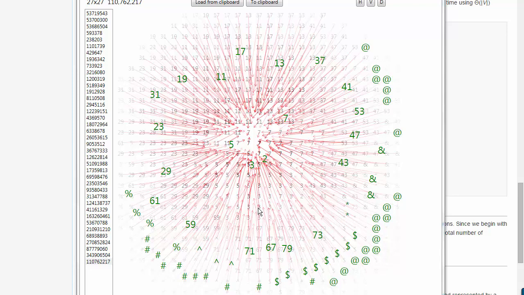Instead of numbers in some of these spaces, I have a symbol. So percent sign represents a 131. This one represents a 137, because those both happen to divide into 27 squared 5 times. So in the grid there will be 5 multiples of 131 and 5 multiples of 137.